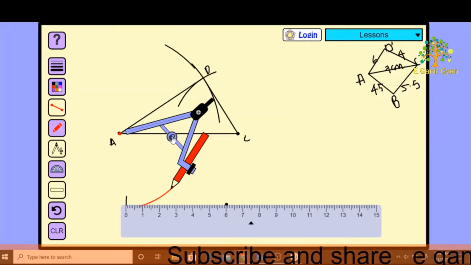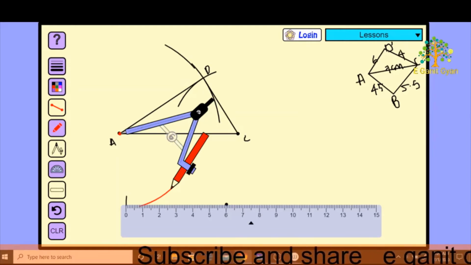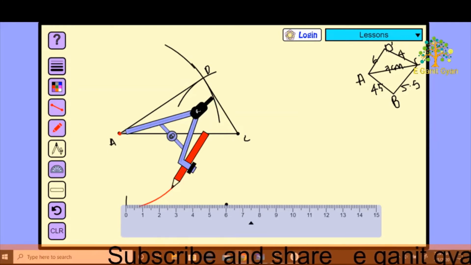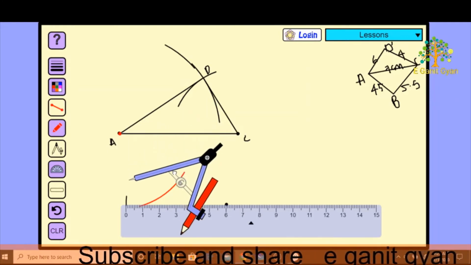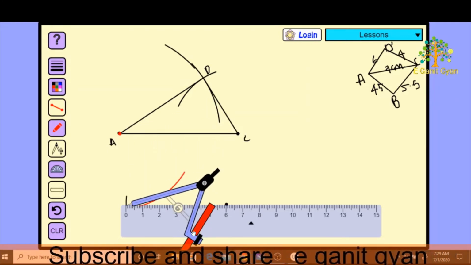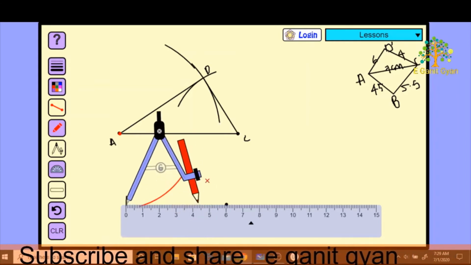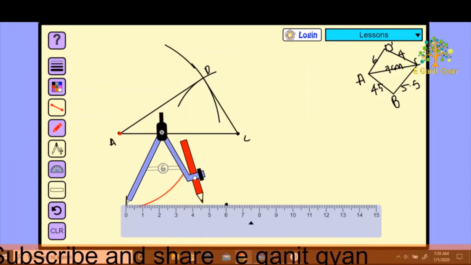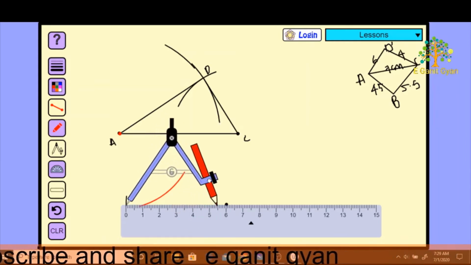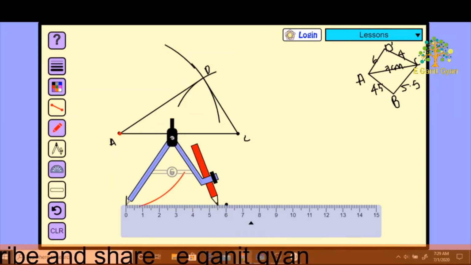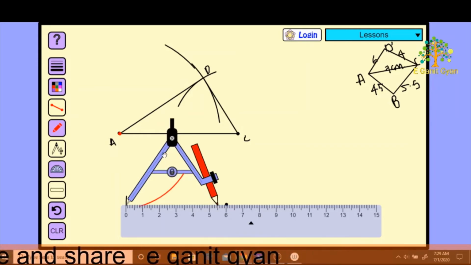Okay. Now I will unlock, and with C as the center I need to find another line segment with the length of 5.5 centimeters. Let me take 5.5 centimeters here again. Lock it.